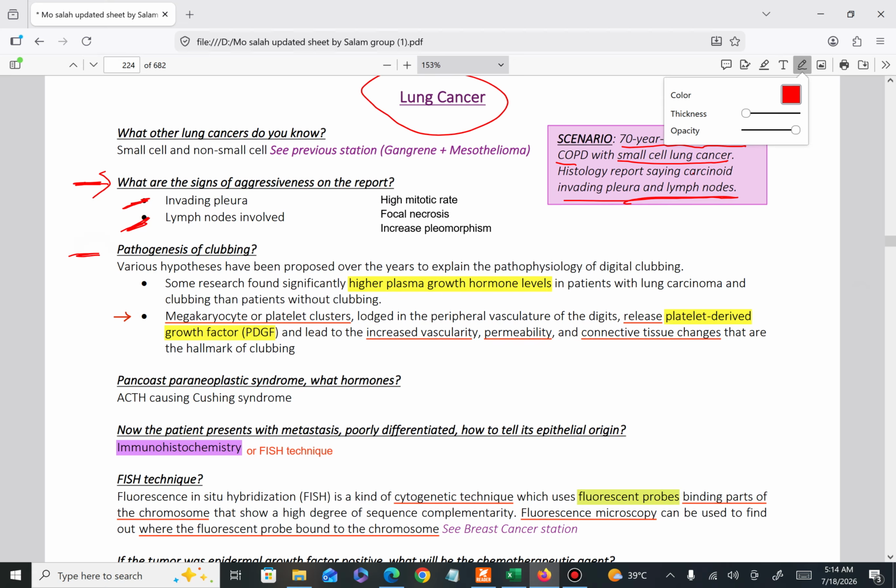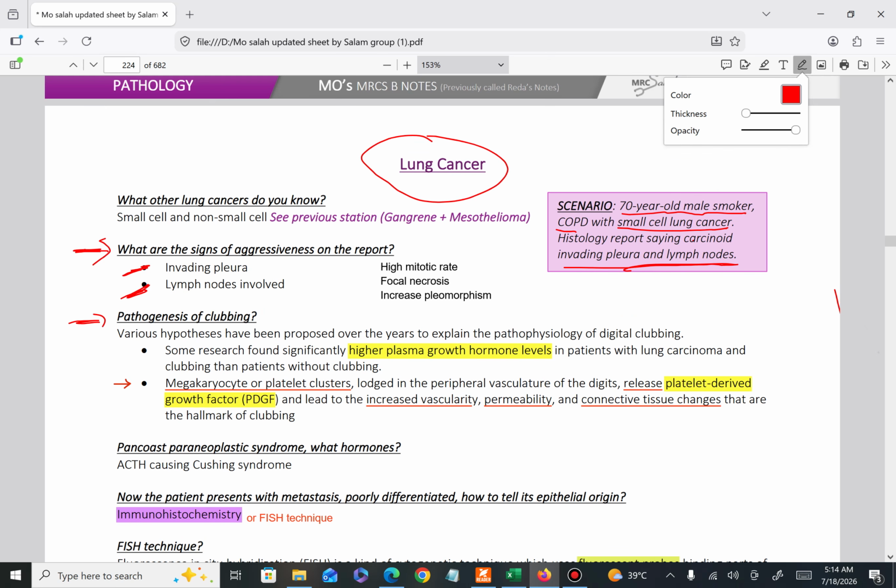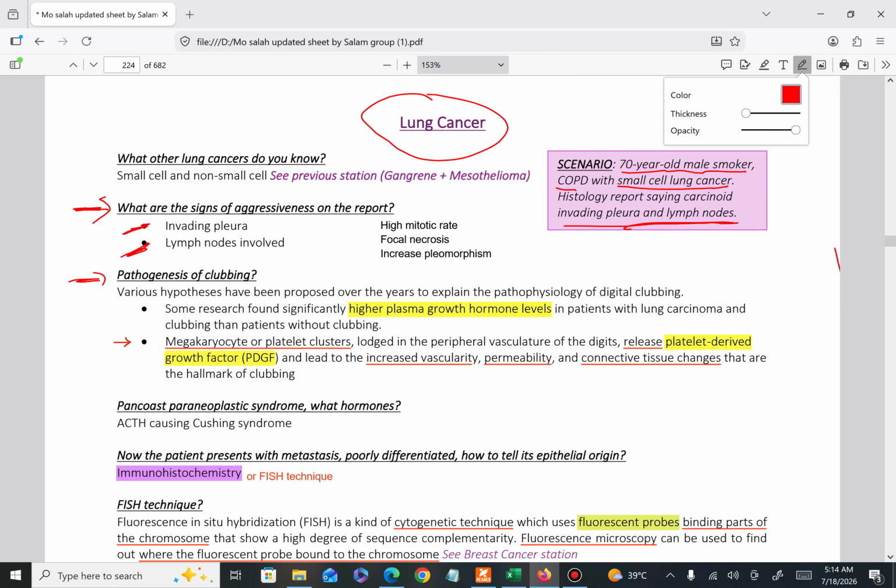Then pathogenesis of clubbing. Various hypotheses have been proposed over the years to explain the pathophysiology of digital clubbing. The digital clubbing mechanism is not known, but there are some theories about it.